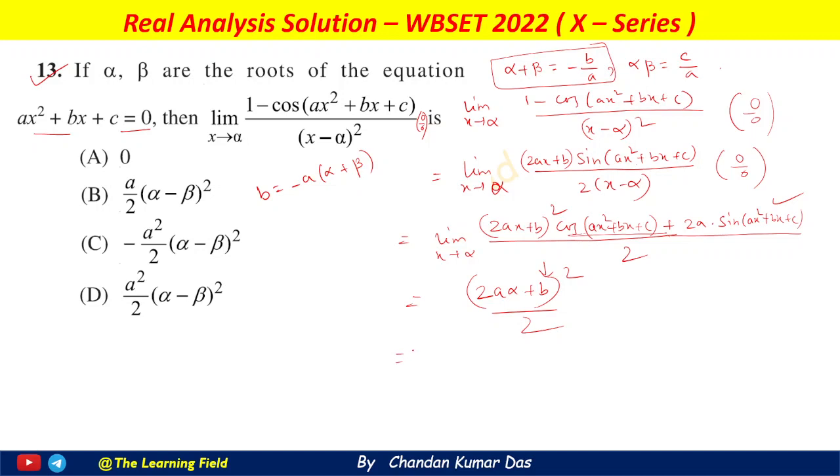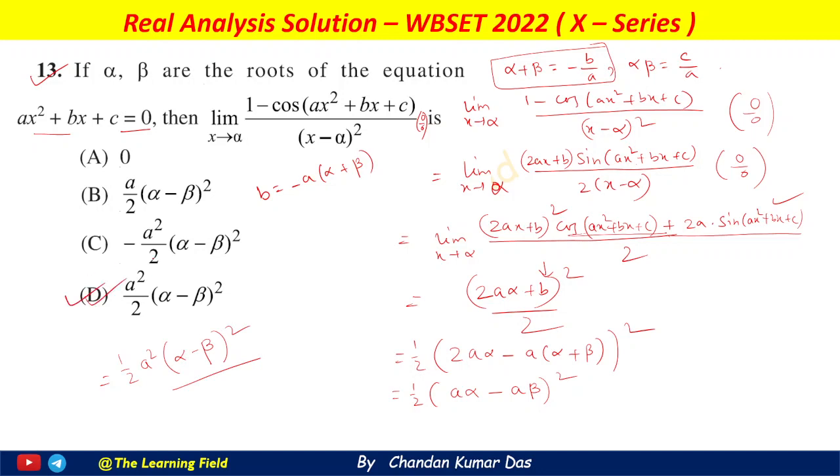Now we put this value of b here, which is equal to 1 by 2 into (2a alpha minus a into (alpha plus beta)) whole square. So 2a alpha minus a alpha means simply a alpha minus a beta, whole square. So this is equal to half a square common, and (alpha minus beta) whole square. So this is option D, simply the correct option.